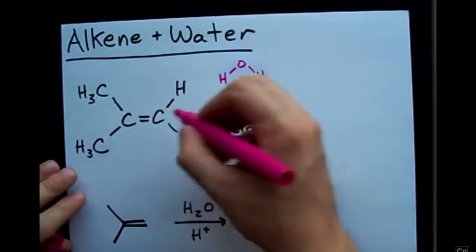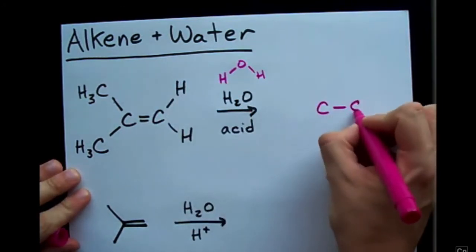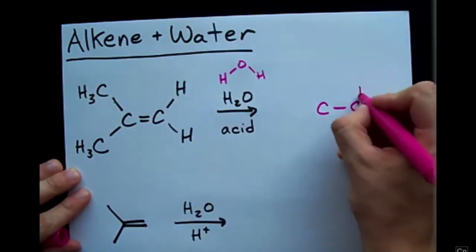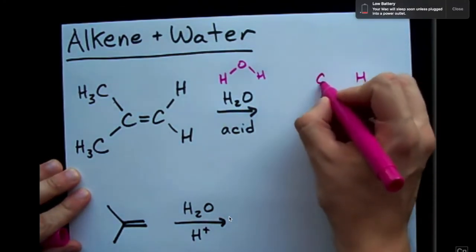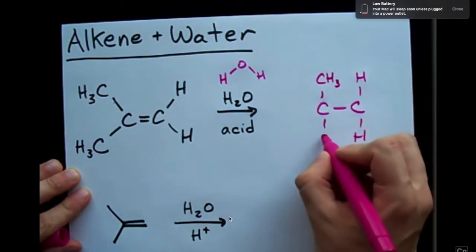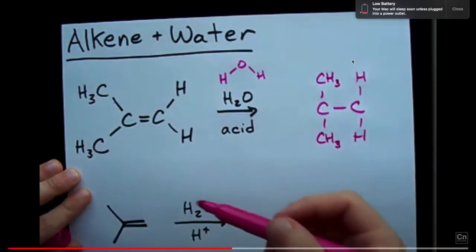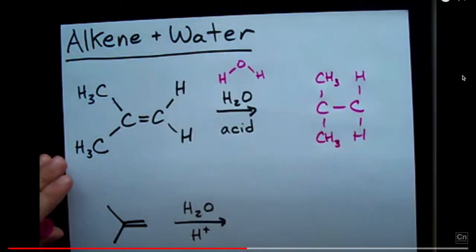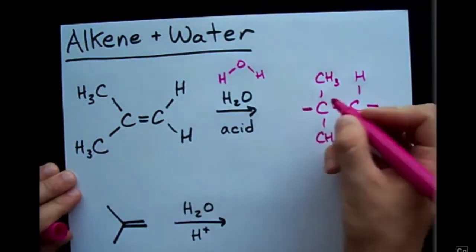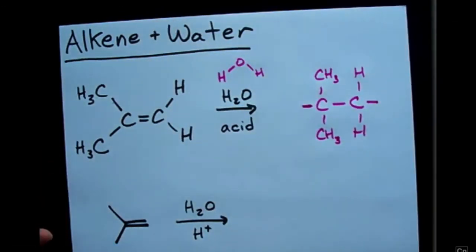Here's what I mean. Let's take a look. We got our 2 carbons in the center connected to each other. The second one has 2 H's on it. The first one had a couple CH3s on it. Now notice I've rewritten the double bond as a single bond because we've broken open the double bond. That means we can attach something to each carbon.